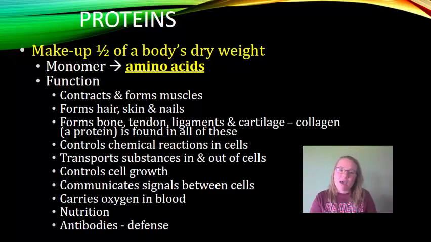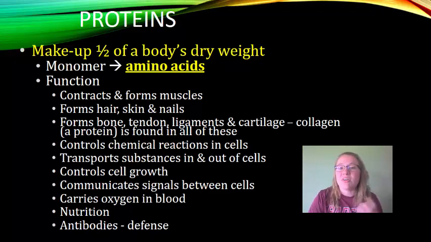Now remember, the monomer for proteins are amino acids. Proteins do a huge amount of functions within the body. So not only do they form your muscles and help you move around, they also help to control cell signaling and cell growth. So they help your cells communicate with each other. They help your body to control how fast or slow it grows.